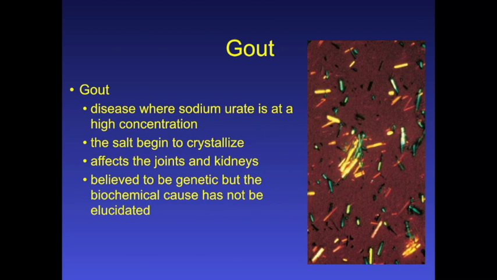Why people do have gout is believed to be genetic, but the biochemical cause has not really been well elucidated. We just know that patients have this. So I've heard that eating a lot of red meat can cause gout. Yes. Why is that? When you eat the red meat, you're also eating all the cells that bring in all of that DNA that also has to be broken down.